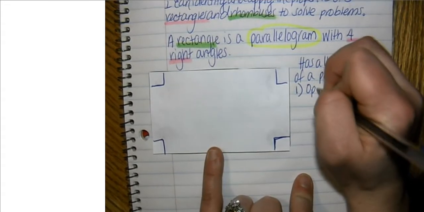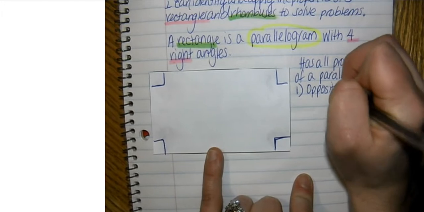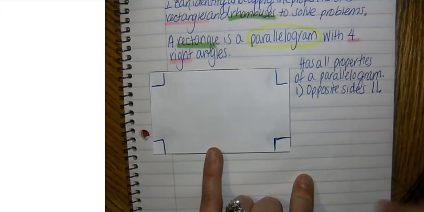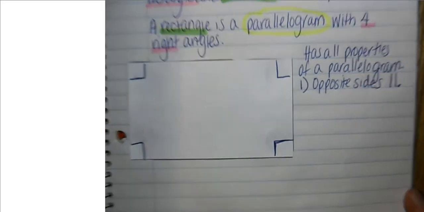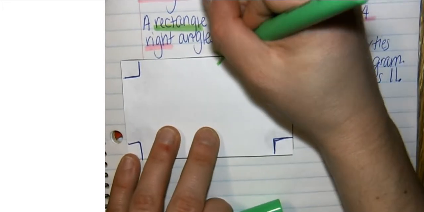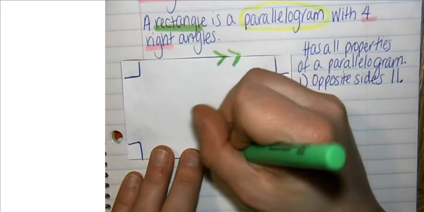Number 1, opposite sides are parallel. So I'm using the parallel symbol right here. Opposite sides are parallel. So what I'm going to do is use color, and I'm going to put in arrows indicating that I have parallel sides.